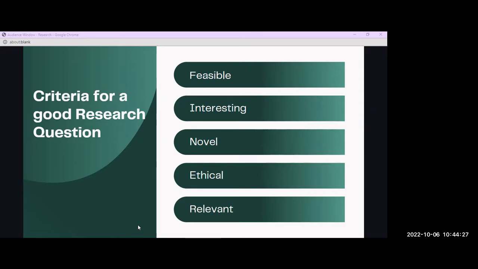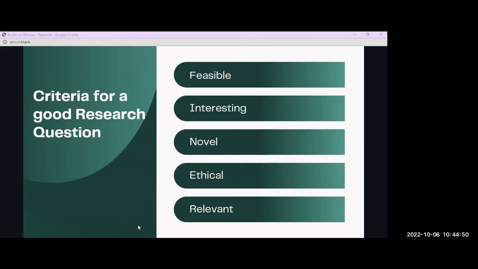So you have to look into that, because you might have a problem on feasibility if there's no technology available in our locality, in our institution, or a nearby institution. So that should be attained as one of the very important aspects of a good research.